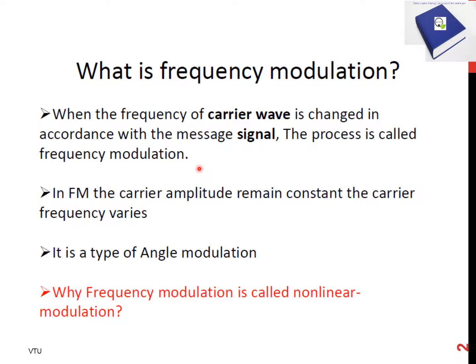In this case the amplitude will be constant; it will not be varied. Only the frequency of the carrier is varied in accordance with the message signal. In FM, the carrier amplitude remains constant and the carrier frequency varies. It is a type of angle modulation.